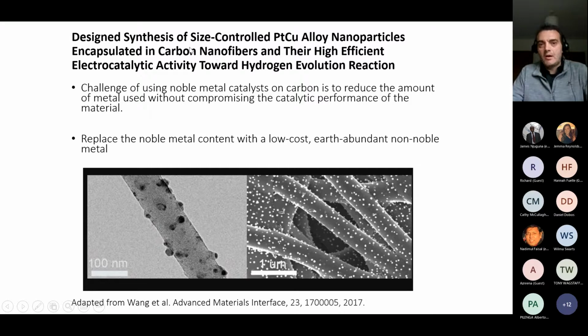So again downsizing, as I mentioned earlier on, and they replaced the noble metal content with a low cost earth abundant non-noble metal. In this particular case they use, for instance, copper. Some of the noble materials, as I mentioned earlier on, such as platinum, this is one of the noble materials, and copper in this particular case is a non-noble material.